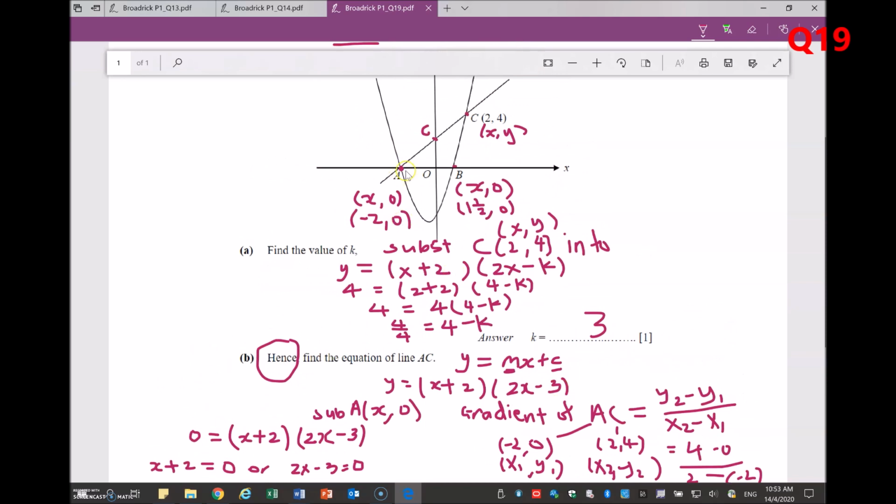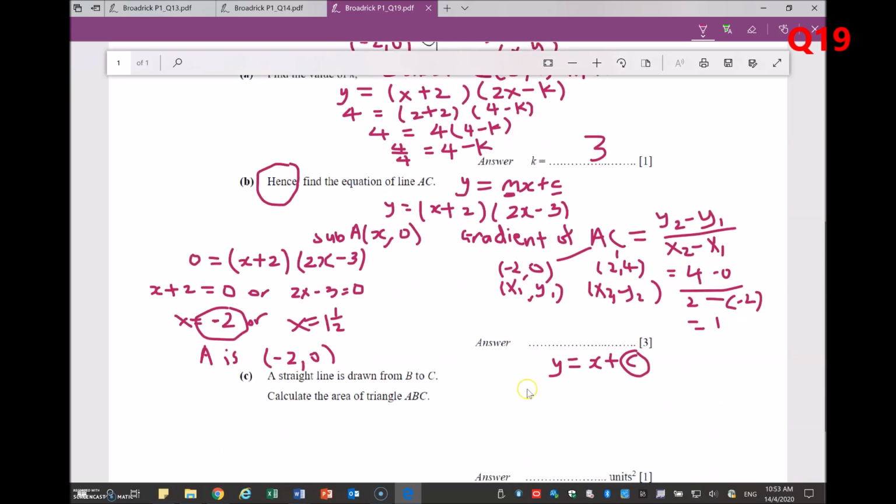I can substitute the value of the coordinates of A or the coordinates of C. So let me substitute the coordinates of C. Substitute C, which is 2, 4. So 4 equals to 2 plus c, and c is equals to 2. So my equation would then be y equals to x plus 2.